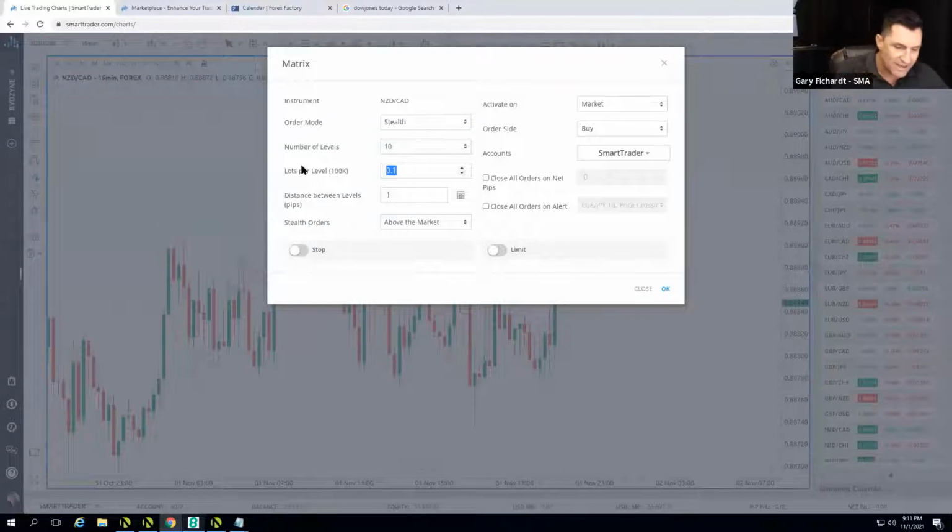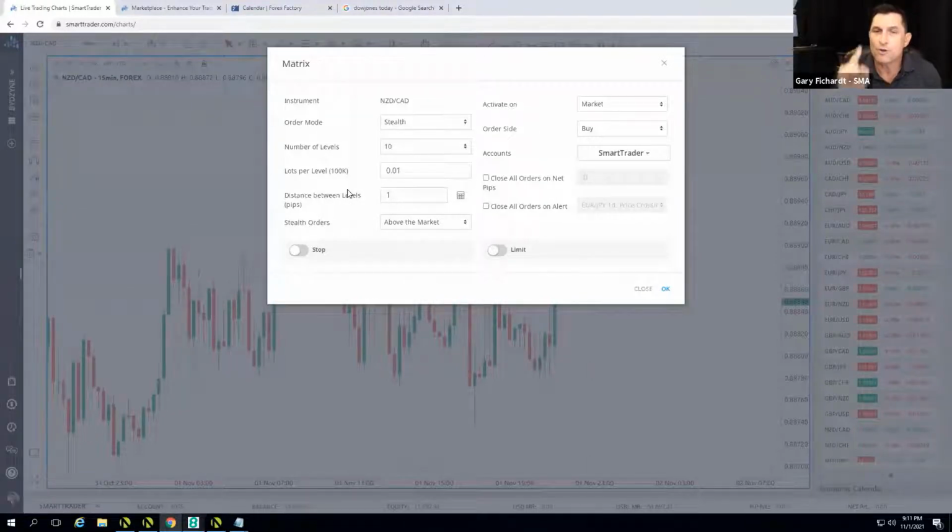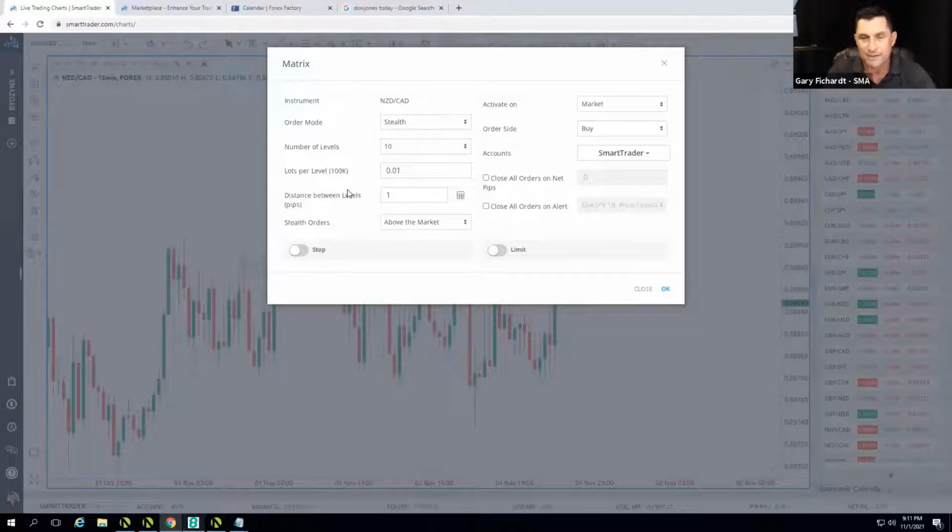One micro lot. That is a 0.01 lot size. There it is there. So that's the lot size per $1,000. So per $1,000, write that down. I want you to write this down because I think it's important that you write these things down. So if you've got a trading account of $1,000, you're trading with one micro lot.